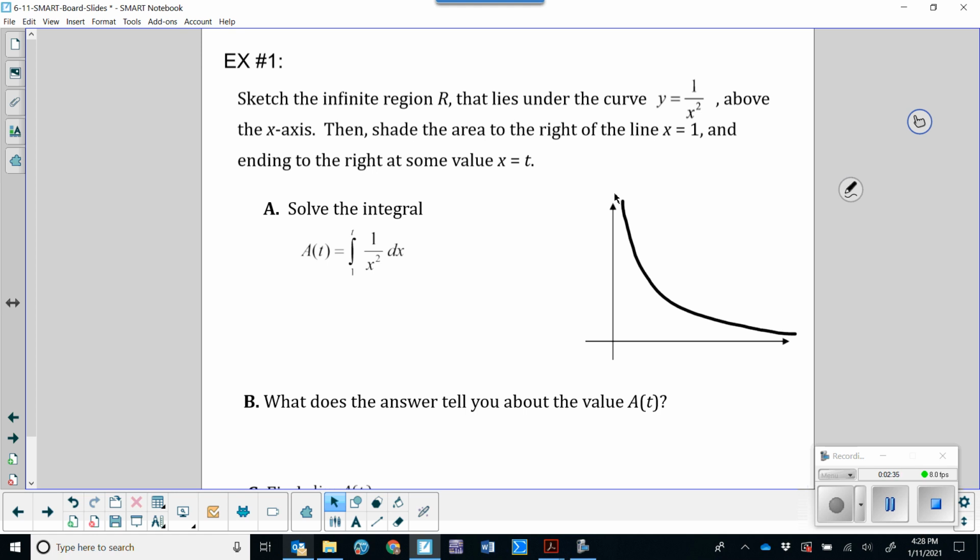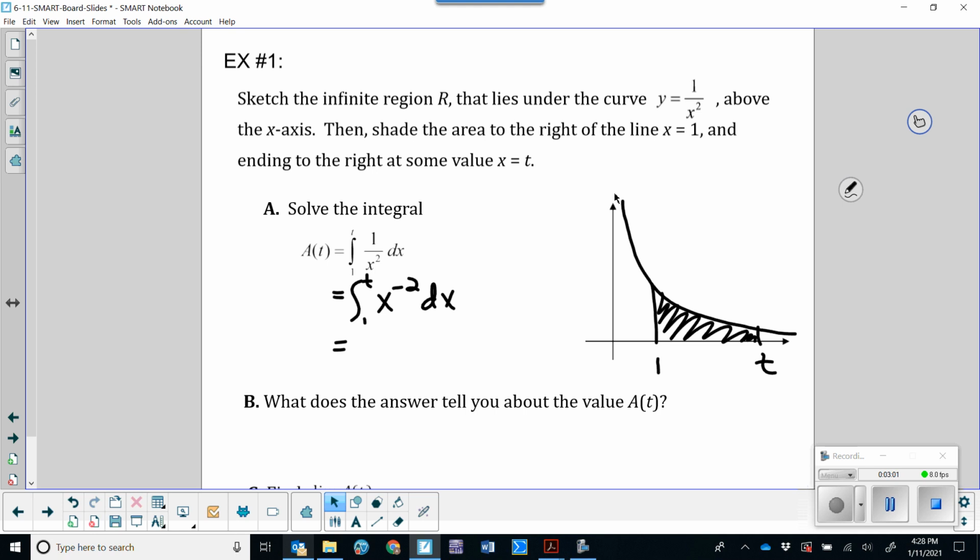So here's 1, and then somewhere over here, wherever, is t. We're going to integrate from 1 to t, which means we want the area from 1 to t underneath this curve. In order to do this integral, we think of this as the integral from 1 to t of x to the negative 2 dx.